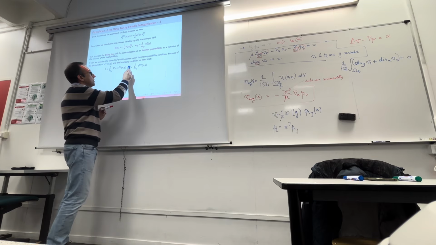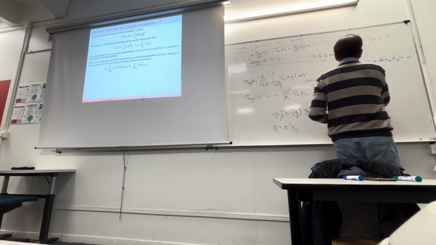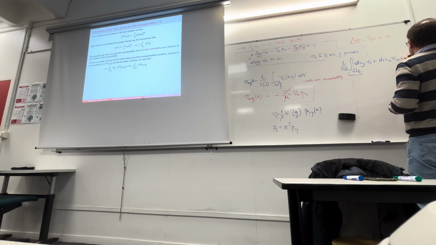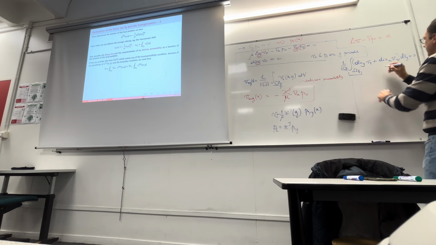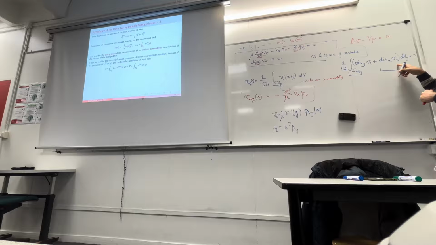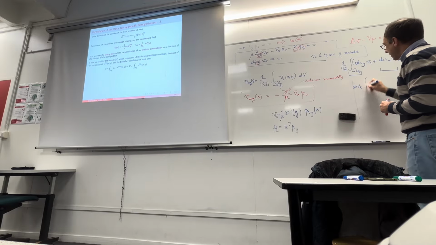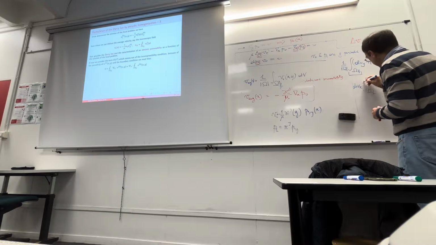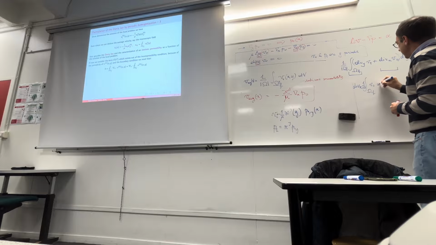The integral over omega f of divergence x of V naught can be rewritten as the divergence x of the integral over omega f, 1 by omega, of V naught.